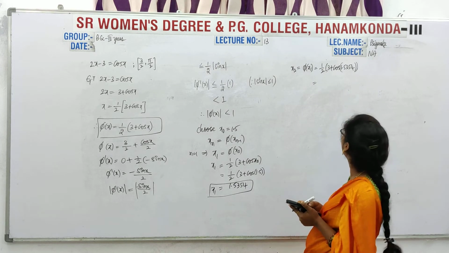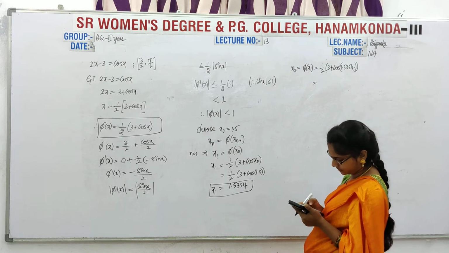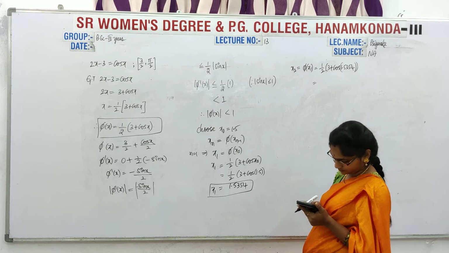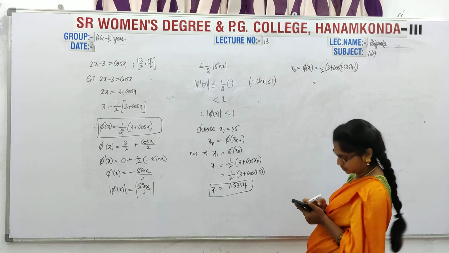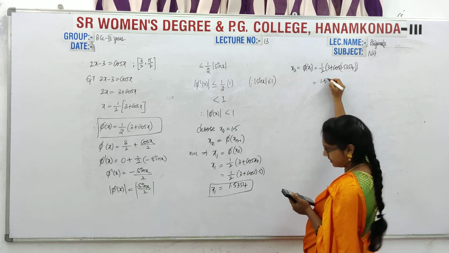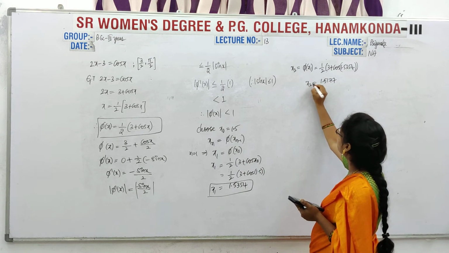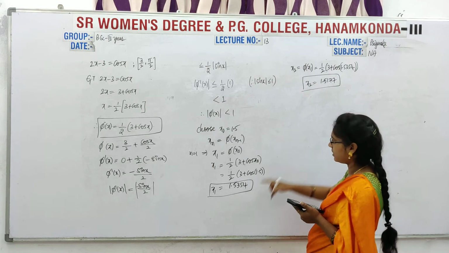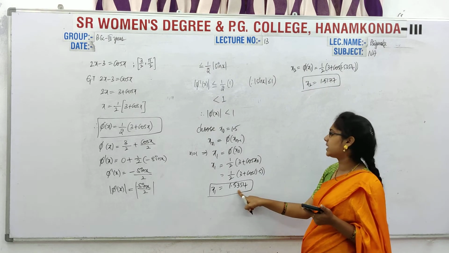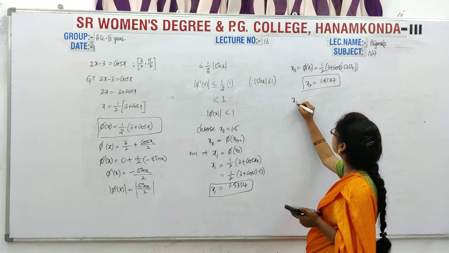Cos 1.5354 plus 3 divided by 2. Now it is nothing but 1.51769, means 1.5177. The value is of course 1.5, but after this the second digit is 354, but here we have 177. That's why we have to go for x3.